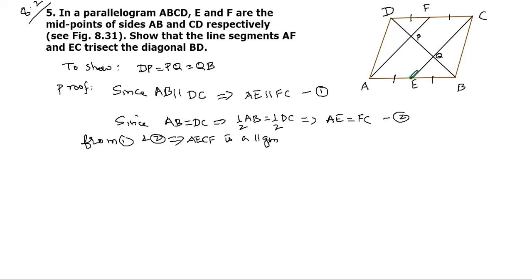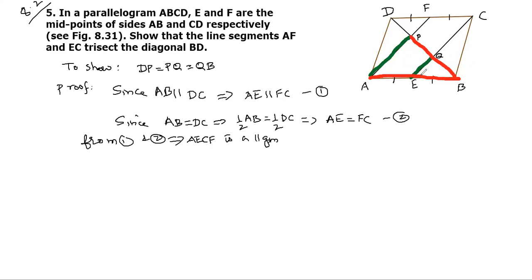In this triangle, we can say EQ is parallel to AP because this is a parallelogram we have proved, and E is the midpoint. If a line passing through the midpoint is parallel to one side, it will intersect the midpoint of the other side. So that means Q will be the midpoint of PB.